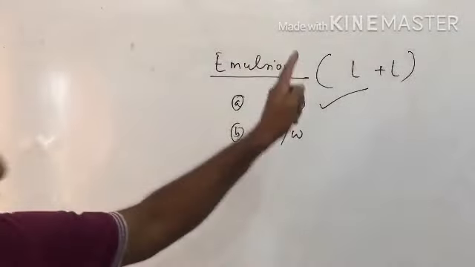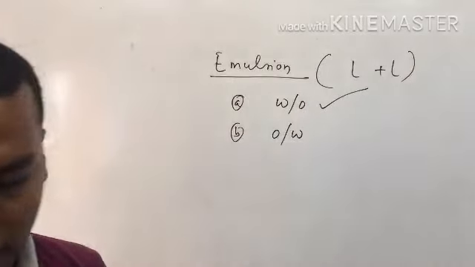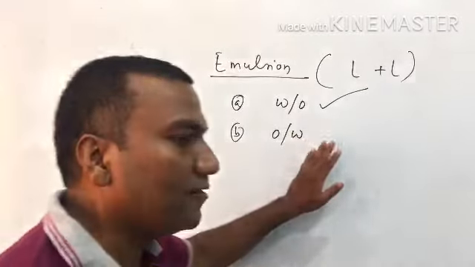Examples are milk and vanishing cream. The emulsifying agents here are protein, gum, and natural and synthetic soap.